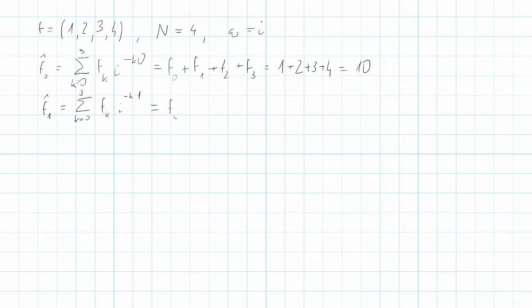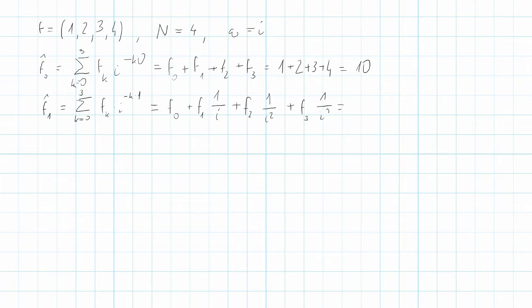It's f0 times i to the 0th power, so f0 times 1, plus f1 times i to minus 1, so 1 over i, plus f2 times i to the minus 2nd power, so 1 over i squared, plus f3 times i to the power minus 3, so 1 over i cubed.